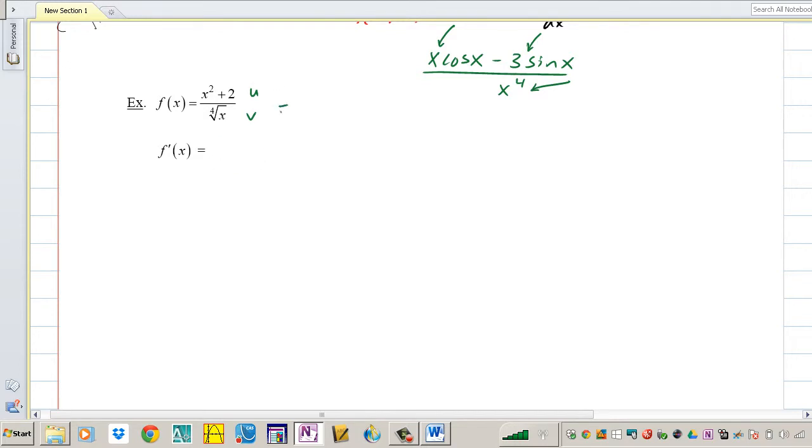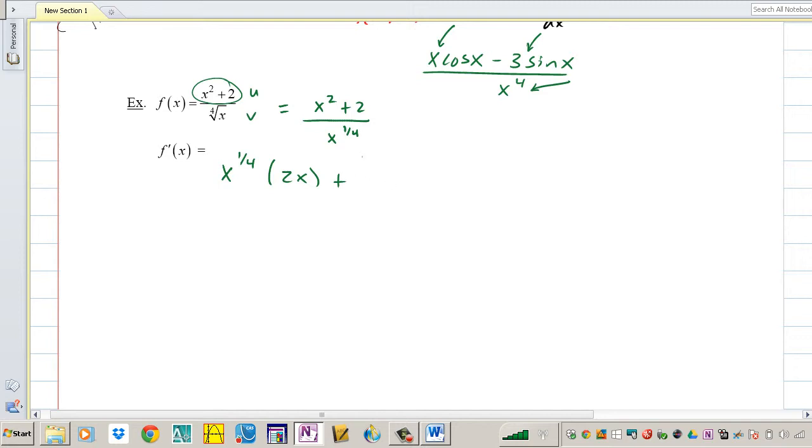You know what? Before we do that, I noticed something here. That fourth root can be rewritten as x to the 1 over 4. So let's continue. So it's the bottom times the derivative of the top. The derivative of the top is 2x.